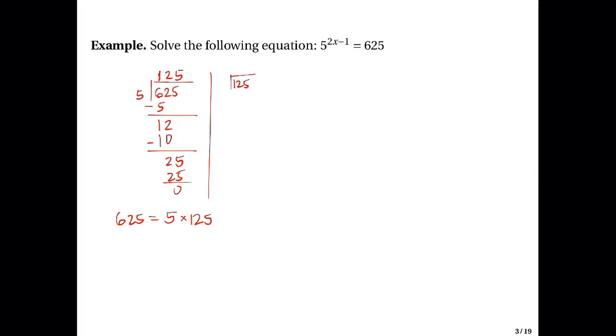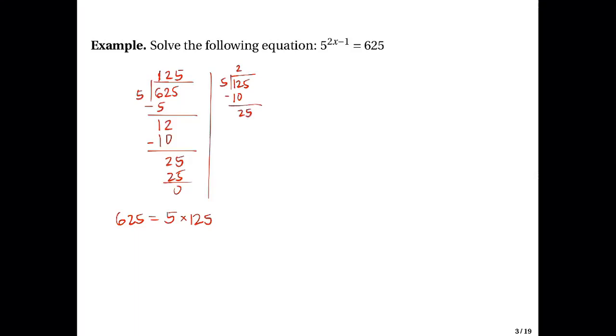You divide this by 5. What you will get here is 25. But let us proceed with the long division. So you start with this 12 here. 12 divided by 5 is equal to 2. And then 2 times 5, that's 10. And then you have 12 minus 10, that's 2. Bring down 5.